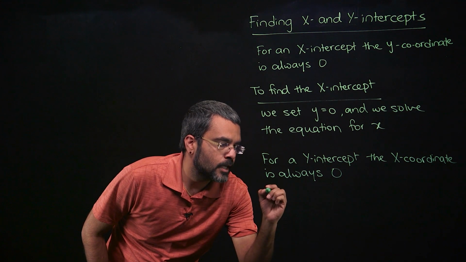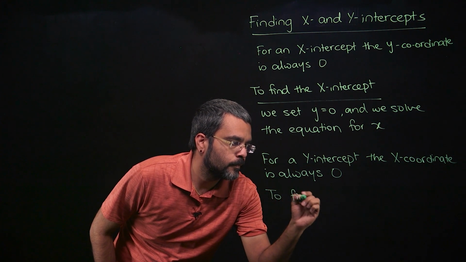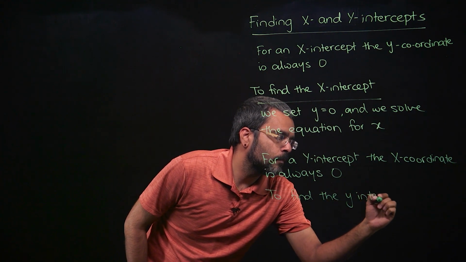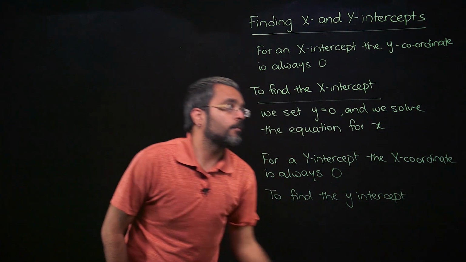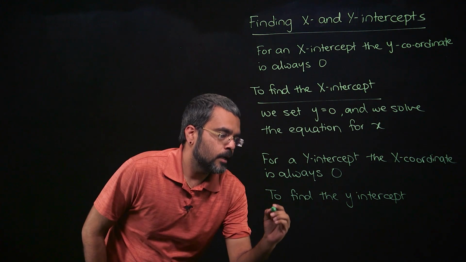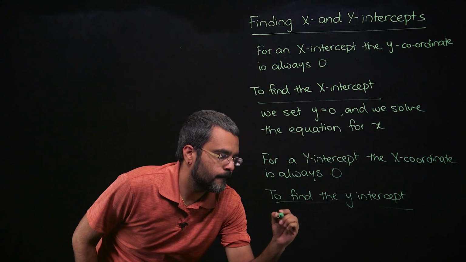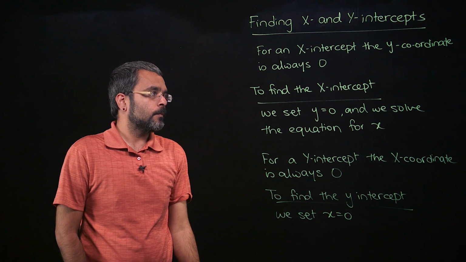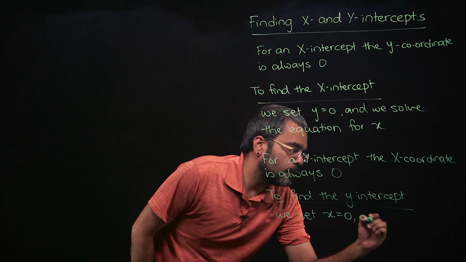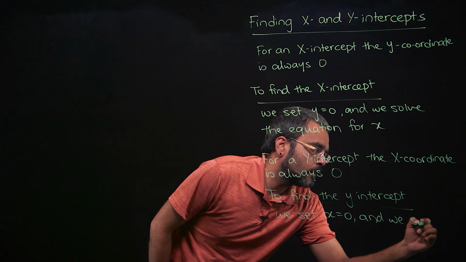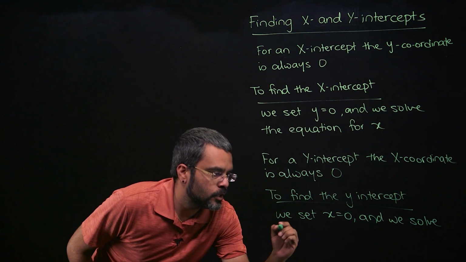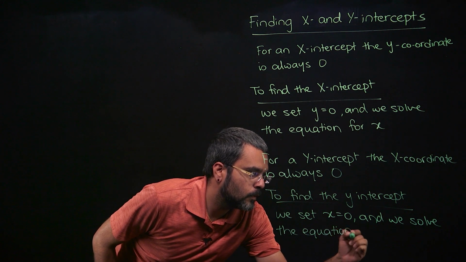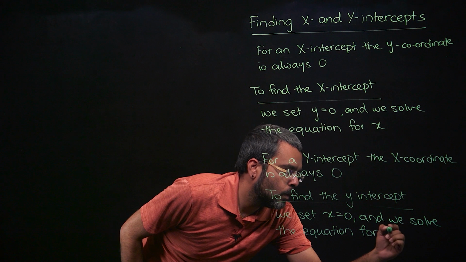So to find the y-intercept, right, we set x equal to 0 and we solve the equation for y.